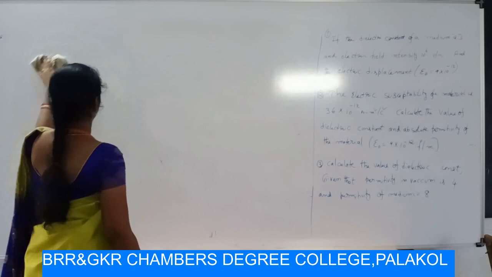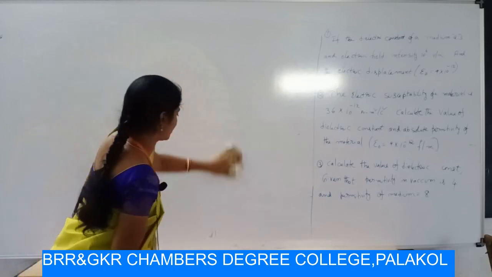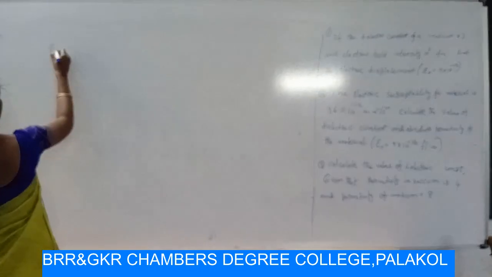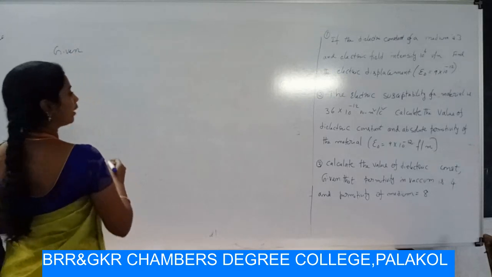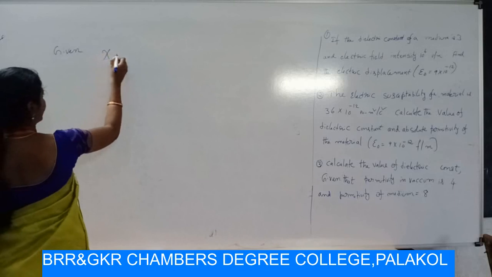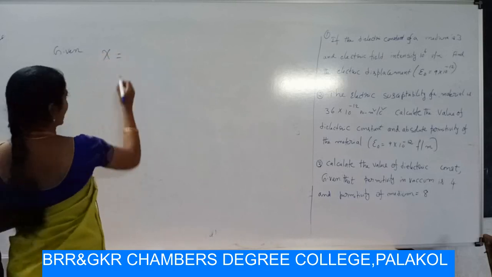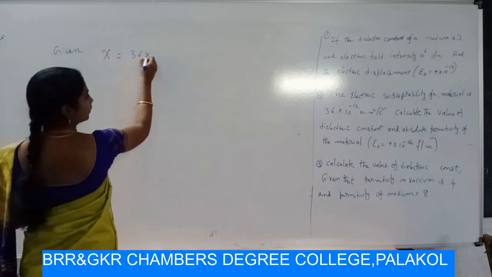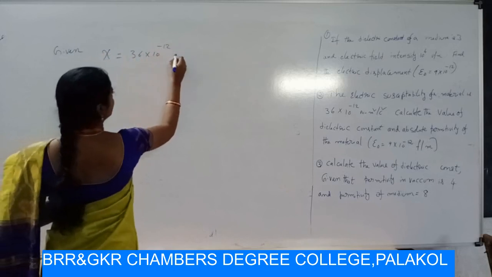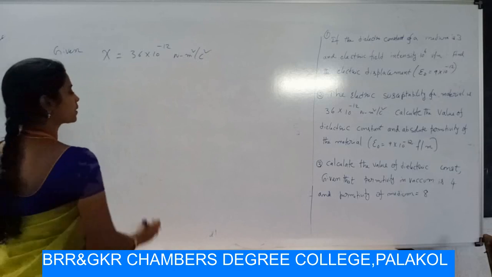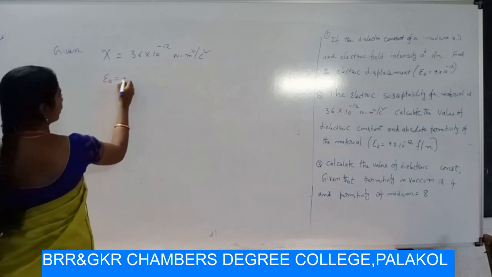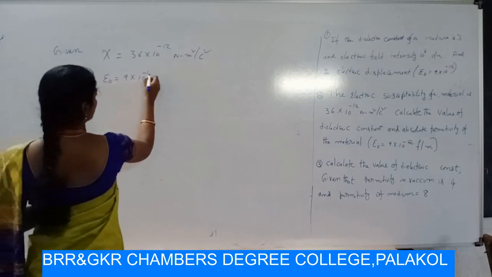So we write down first the data given in our problem. Here the susceptibility is indicated with the letter psi. Its value is 36 into 10 power minus 12 Newton meter square per coulomb square, and epsilon naught value is 9 into 10 to the power of minus 12.